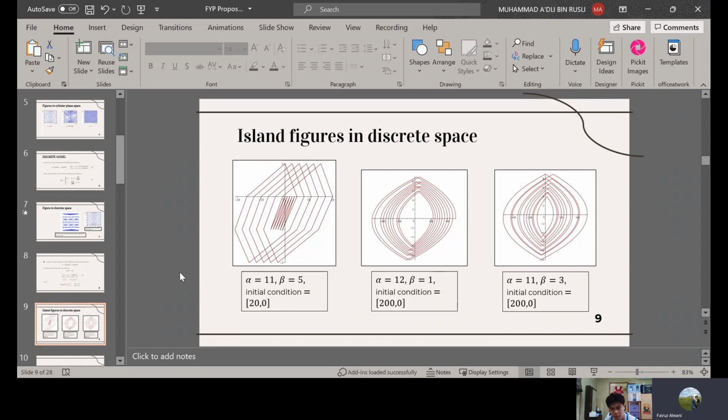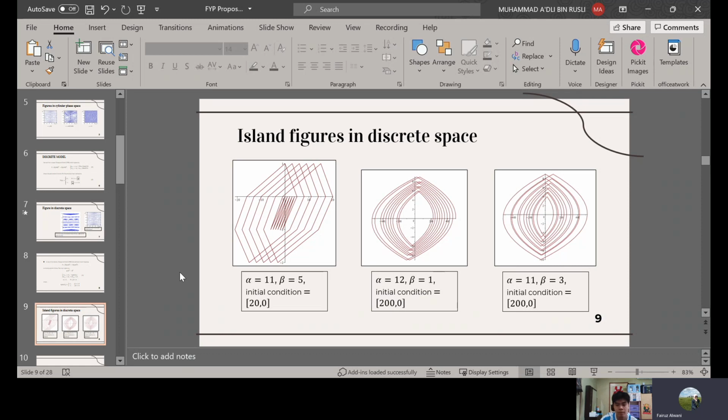And then yang nombor 3, this is our case that we are interested to study because we have that the orbit here is periodic when alpha is equals to alpha bar is equals to alpha over GCD alpha to beta. So kalau Adi masukkan value alpha 11 dengan beta 3 dalam alpha bar punya formula tu, memang dapat tahulah ini 11. Index dia 11.